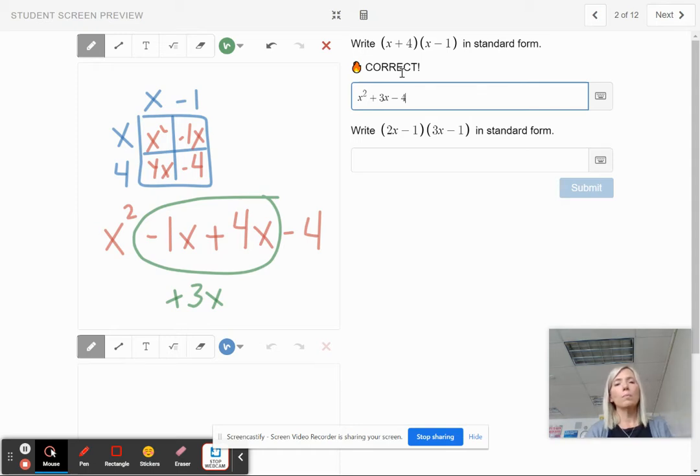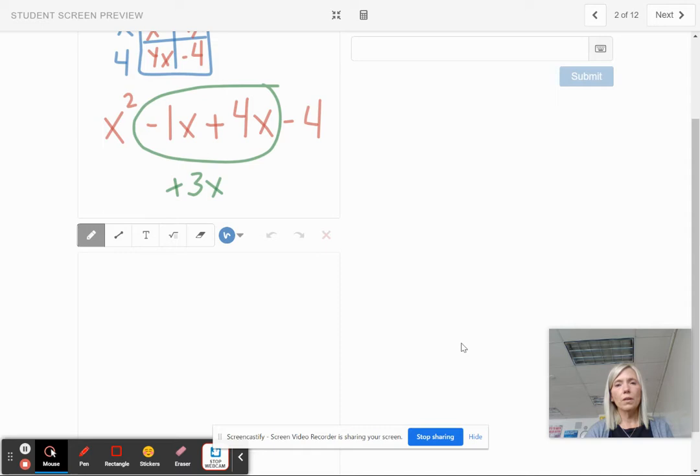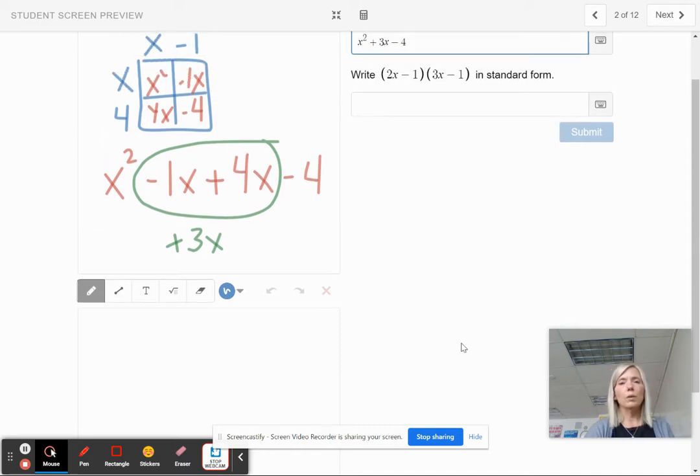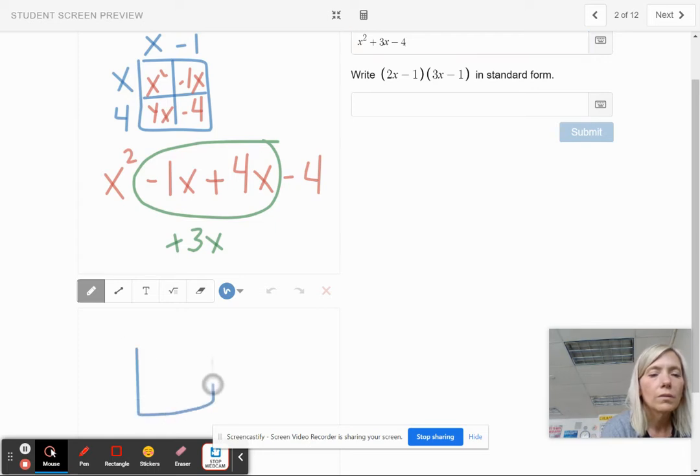So the second problem here is very similar. You're going to follow the same process. Build a box. You can use the second sketch pad here. And it's 2x minus 1 down one side and 3x minus 1 down the other, or across the top.